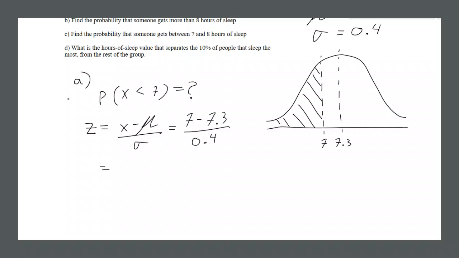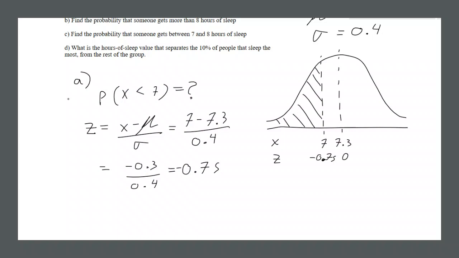That is negative 0.3 divided by 0.4, and that gives us negative 0.75. So on the x scale, that's a 7 and a 7.3. On the z scale, that's a negative 0.75 and a 0 in the middle, since the standard normal distribution has a mean value of 0.